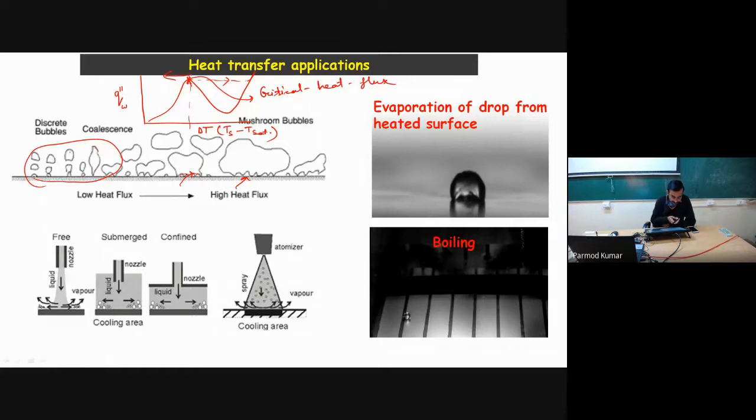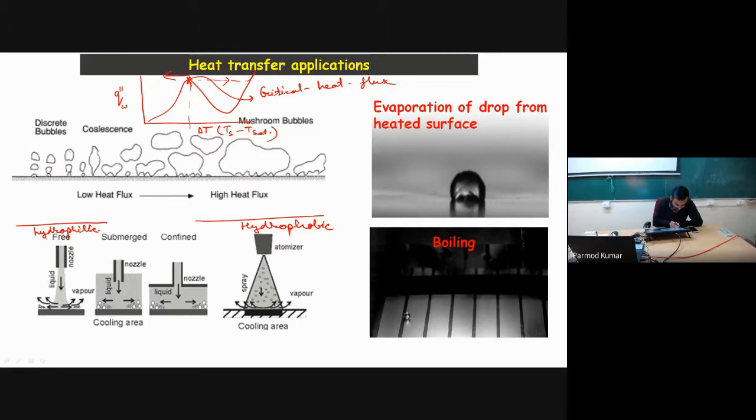Let me take the example of two surfaces. First, a hydrophilic surface, and on the other side a hydrophobic surface. How does bubble departure take place from a hydrophilic surface and a hydrophobic surface?